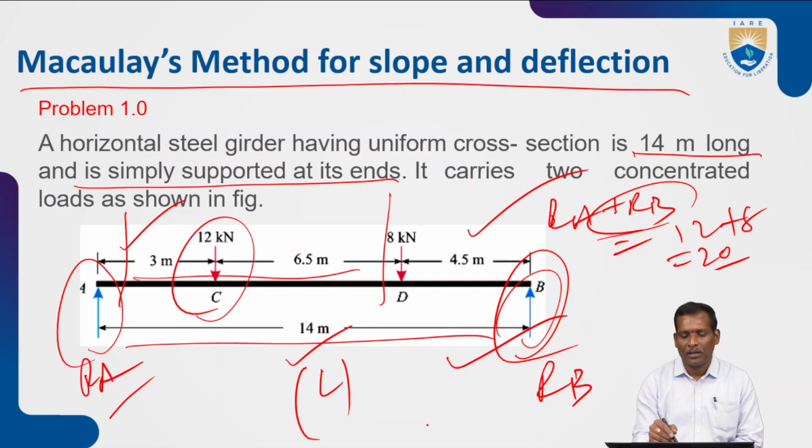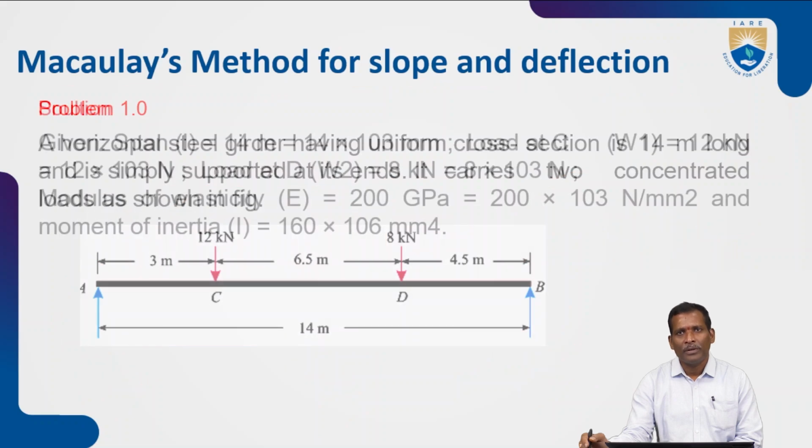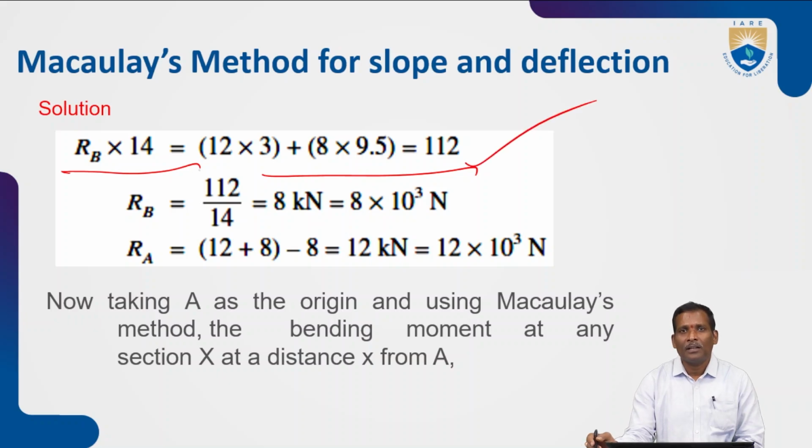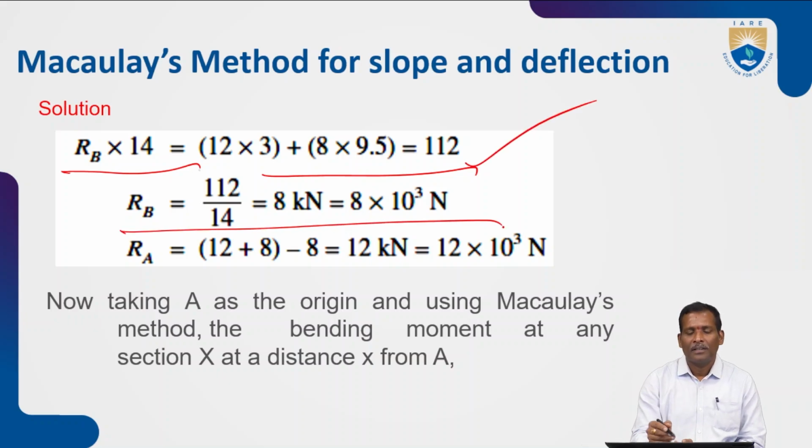Force multiplied with length is equal to 12 into 3 plus 8 into 9.5. So you will get RB, and RB will be 8 kilonewtons.